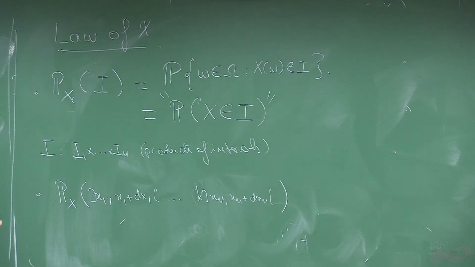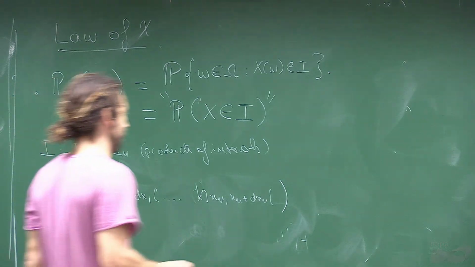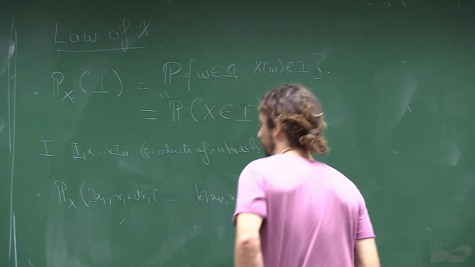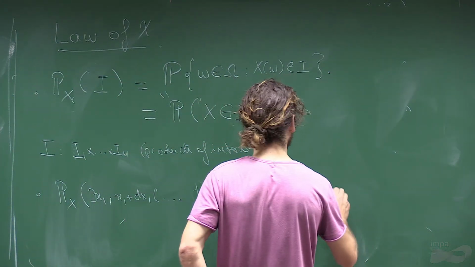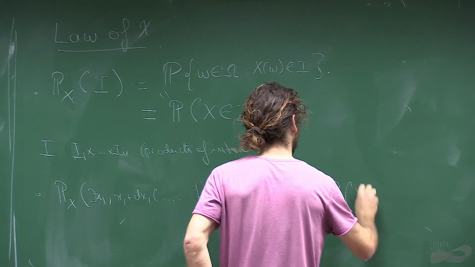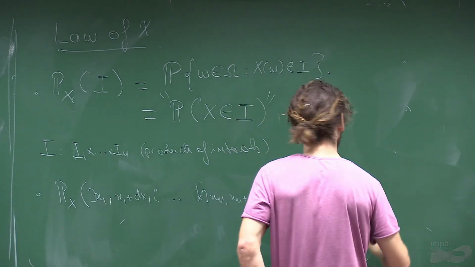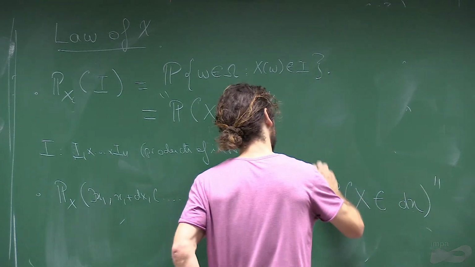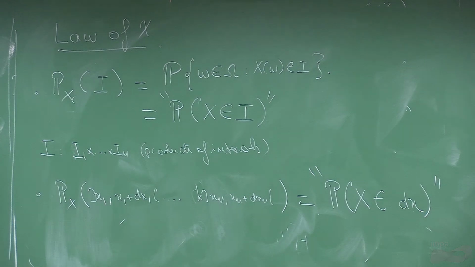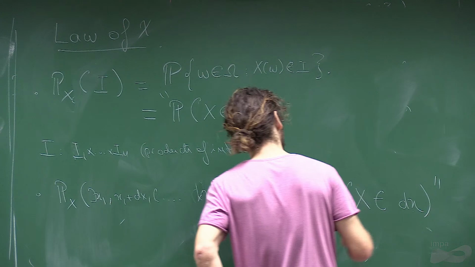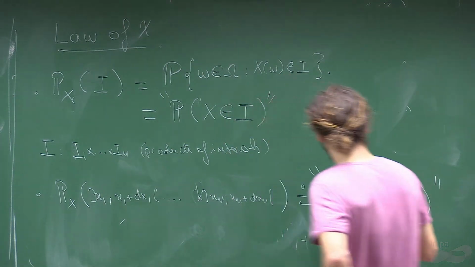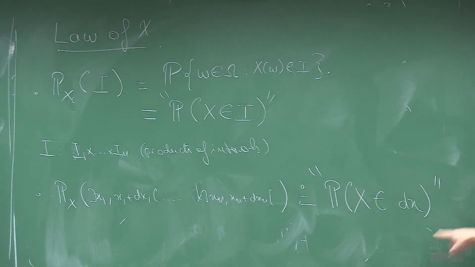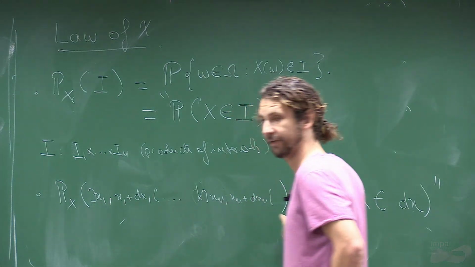So the probability that you are in a small interval of size dx will be written as P of X in dx, meaning that each of X1, X2, Xn are in dx1, dx2, dxn.